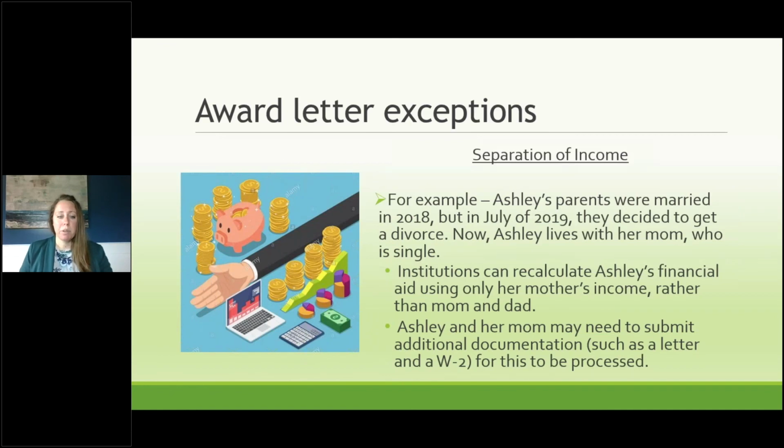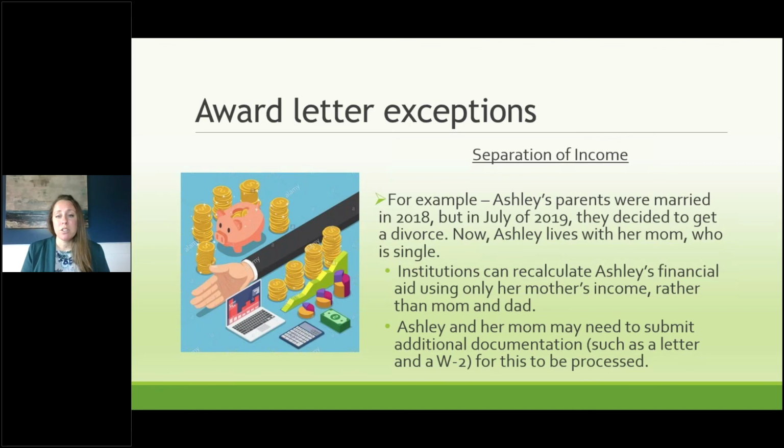Another example that we sometimes come across is a separation of income. This is when, again, they did the 2020-2021 FAFSA, based on 2018 tax information. A lot of things can happen in 2 years. So Ashley's parents were married, but then they decided to get a divorce in 2019.